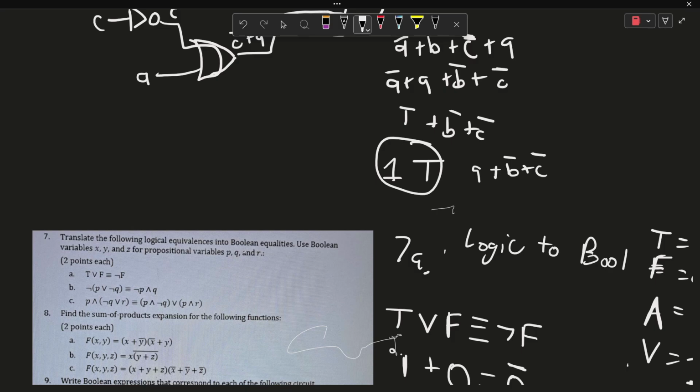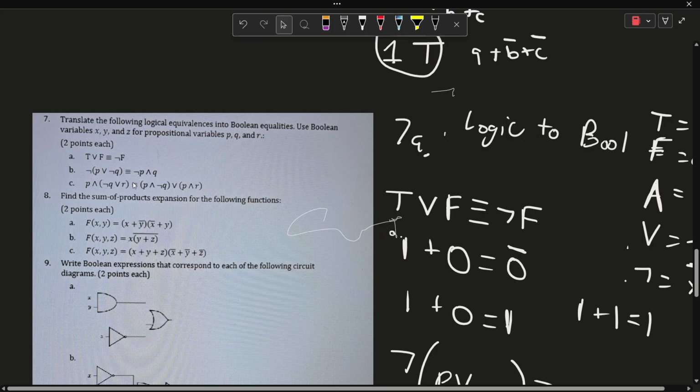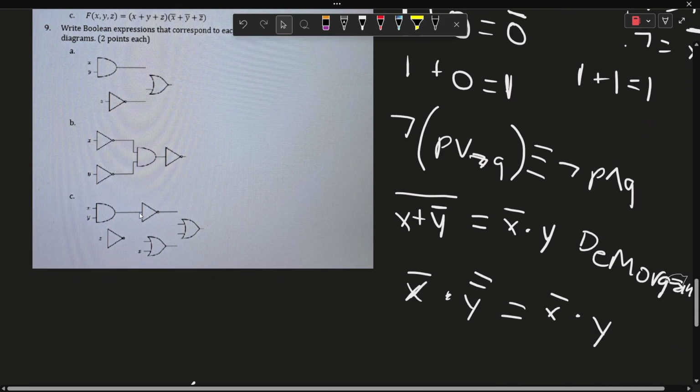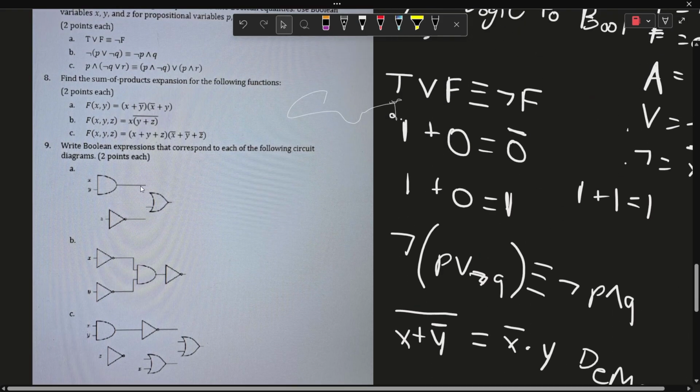I did 1, 2, 3. I don't feel like doing another 3-variable truth table, but you should really know how to do this. Truth tables aren't that hard. Pretty much did these 3. If you still have any trouble, just let me know.